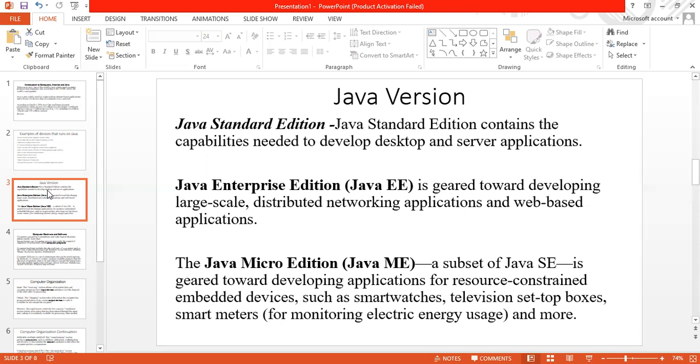And what do I mean by desktop? Desktop is the same thing as computers, and a server is a computer that is somewhere in a remote place. It's just like our bank accounts.